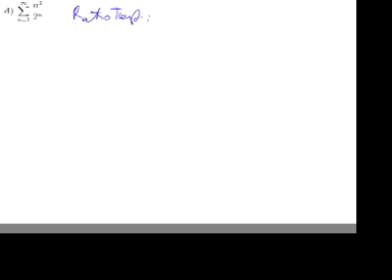What is the absolute value of the quotient of the n plus first term divided by the nth term? Well, this is the absolute value of n plus 1 squared divided by 2 to the n plus 1, and the whole thing divided by n squared divided by 2 to the n.